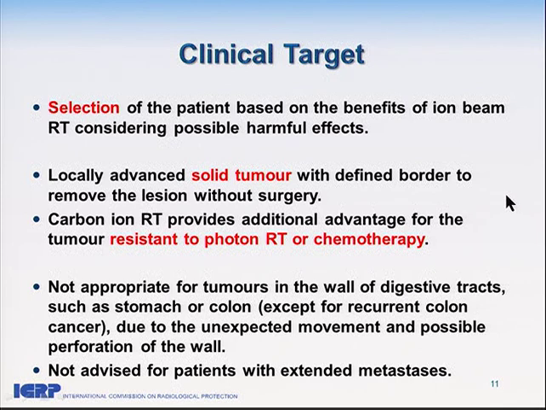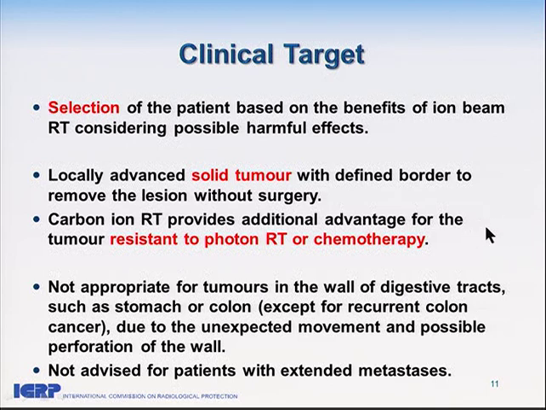Carbon ion radiotherapy provides additional advantage for tumors which are resistant to conventional photon radiotherapy or chemotherapy, due to the increased RBE and also the lower oxygen enhancement ratio of this treatment system. And the technique is not appropriate for tumors in the wall of digestive tracts, such as stomach or colon, except recurrent colon cancer.